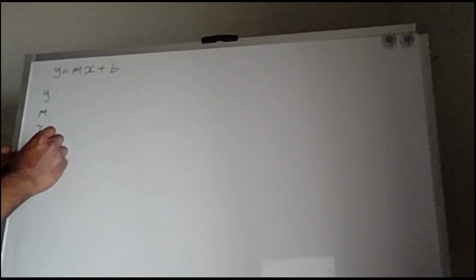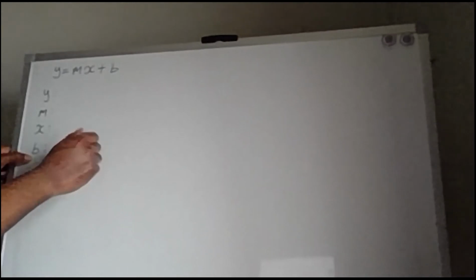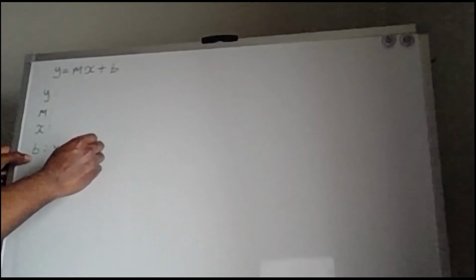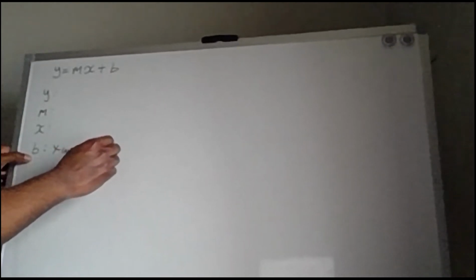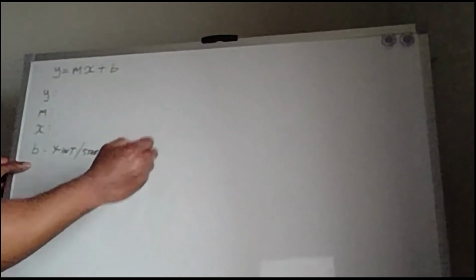What is that? Well, if today the plant is 5 centimeters high, that is our initial value, or y-intercept, which we know is b. B is our y-intercept, also known as our initial or starting point. So that is equal to 5 centimeters.